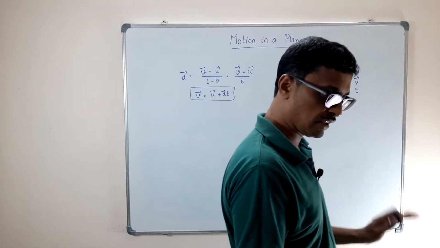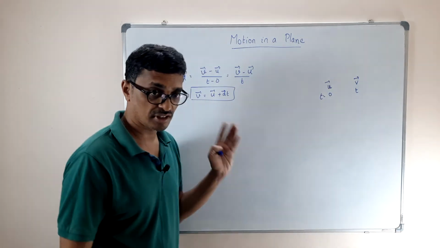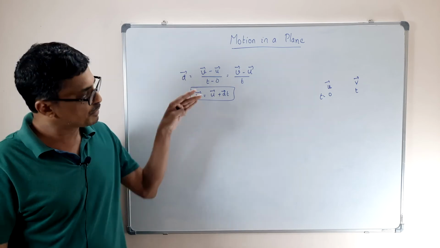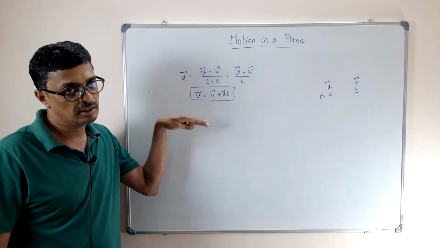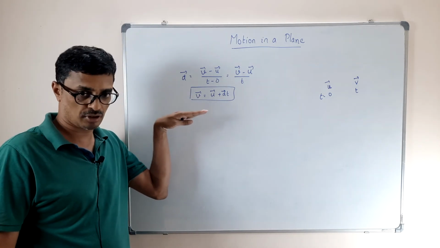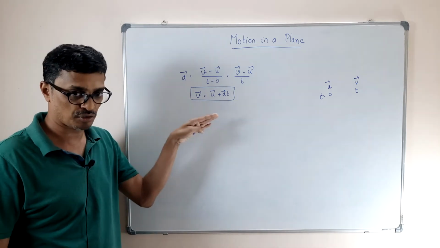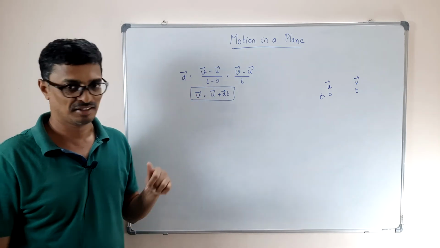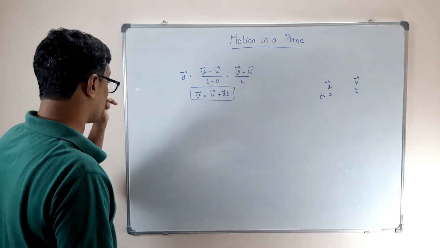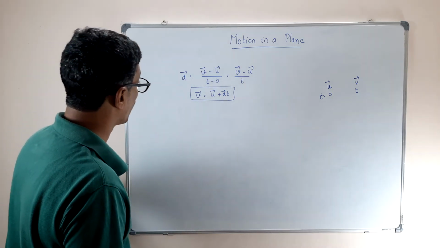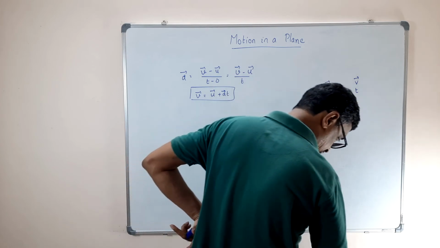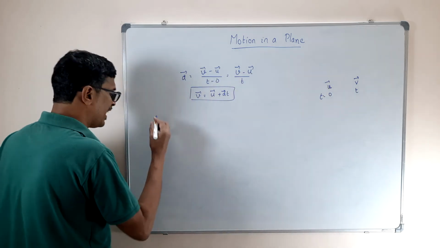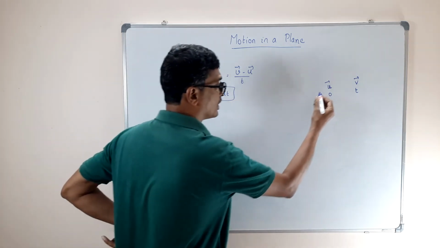Here also all the equations of motion you derived in rectilinear motion will be the same in two dimensions, or the equations of plane motion in the plane. Only those quantities will be replaced by vector notation. Okay, and then they have done another one also. In your book, the second equation is given as follows. Suppose this is the velocity.